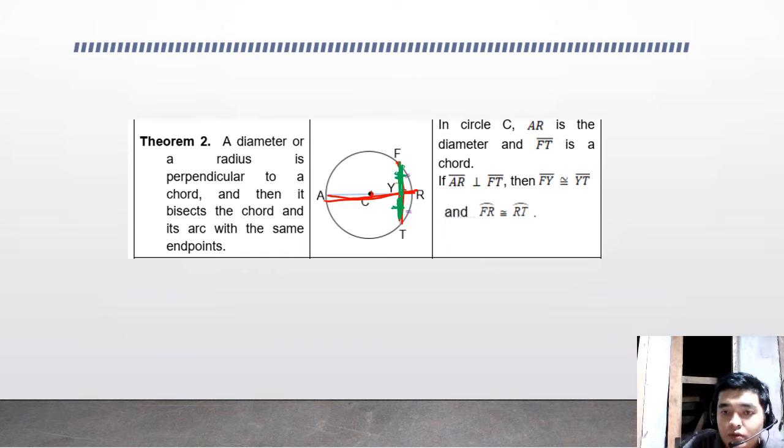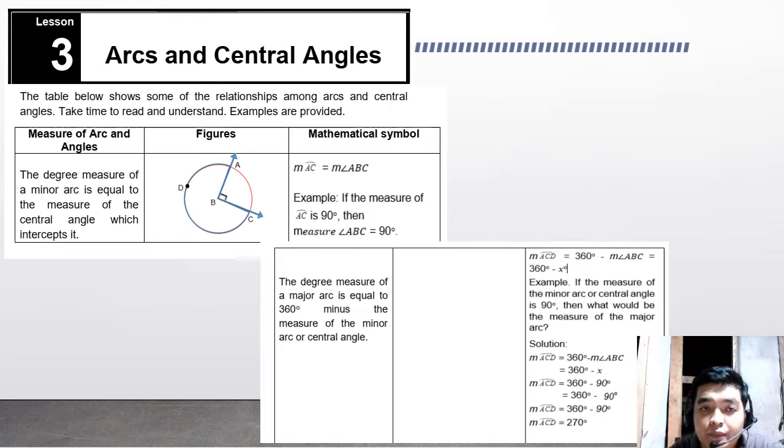And also this arc is equal to this arc. This happens only if the diameter is perpendicular to a chord. Okay, that's for theorem 2.